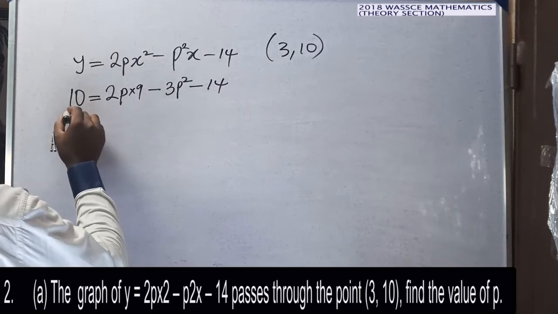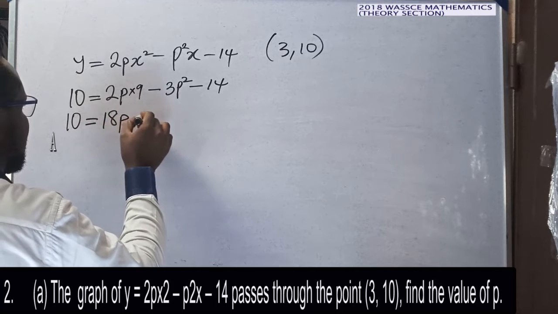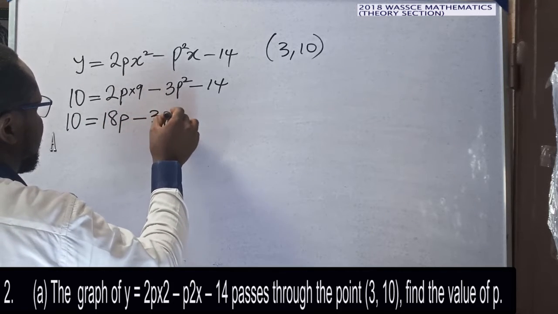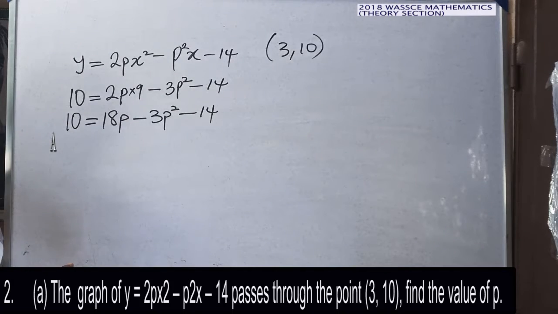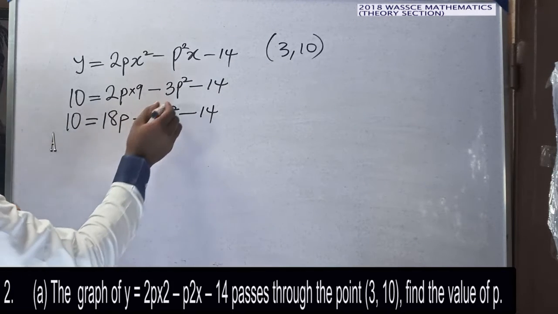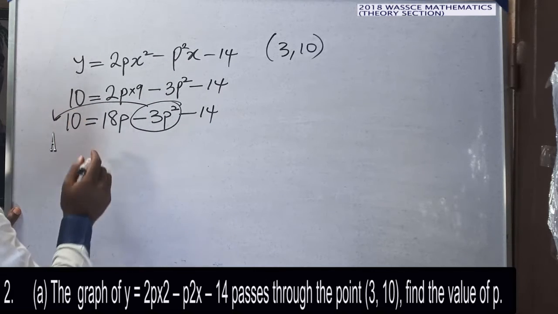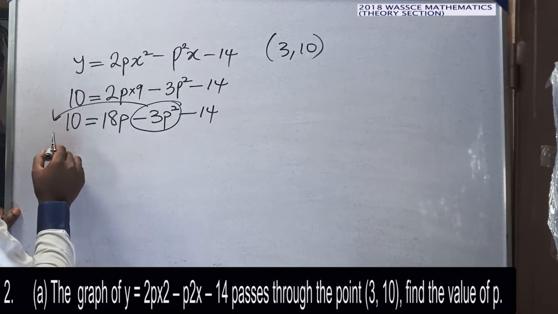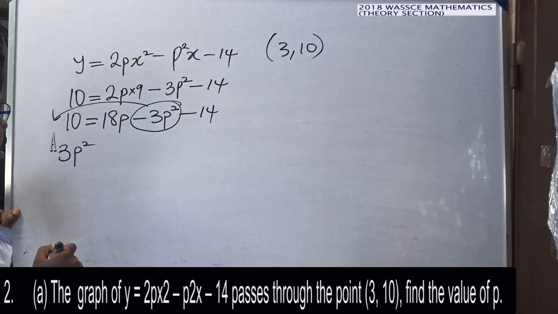So in this case, I can have 10 is equals to 18p minus 3p squared minus 14. To be on the safer side, assume you are transferring negative so that it will go. We have 3p squared there now.